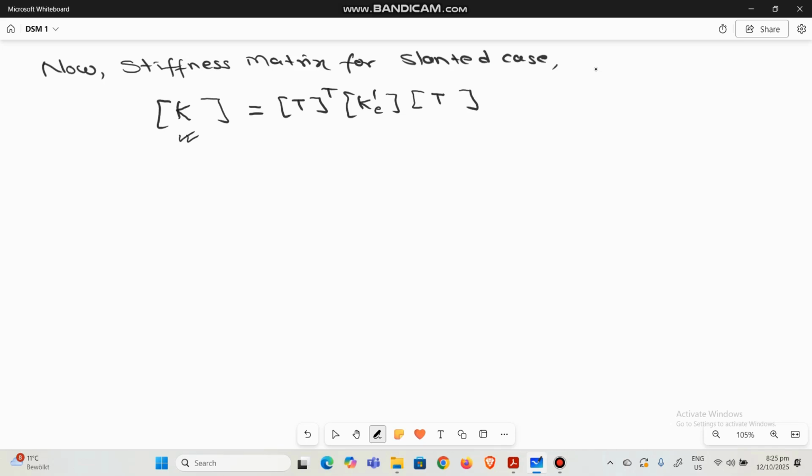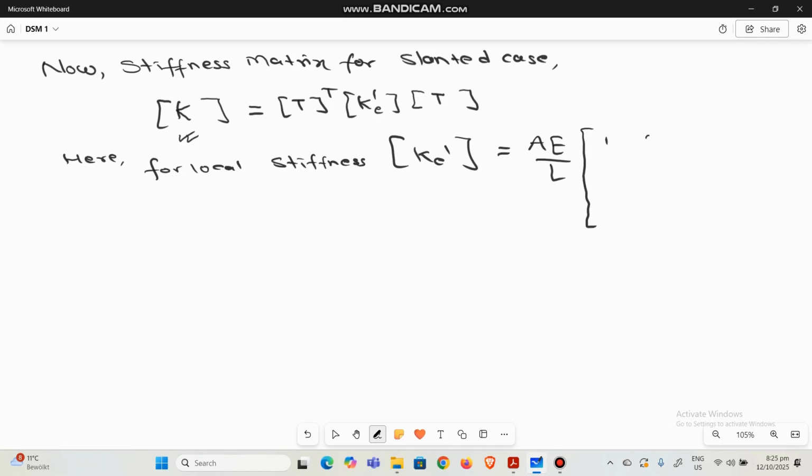For local stiffness, Ke dash, if it is two-dimensional, then we simply do Ae upon L, 1 0 minus 1 0, and then 0 0 0 0, minus 1 0 1 0, and then 0 0 0 0.